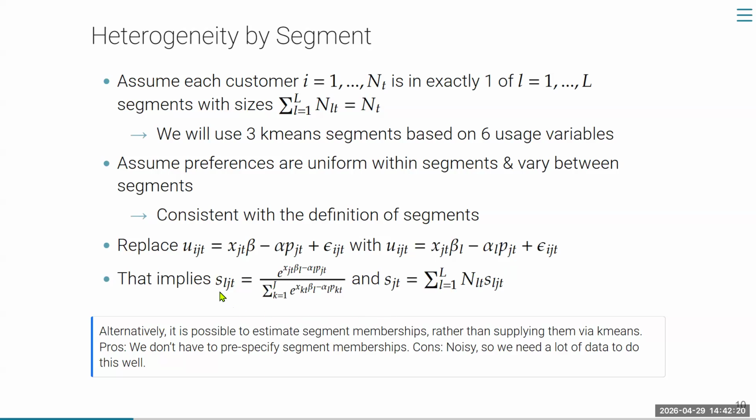We can then calculate the market shares within each segment using nearly the same formula, except with segment-specific beta and alpha in place of homogeneous beta and alpha. And then to get an overall market share, we're going to do a weighted sum of segment sizes times segment-specific market shares.